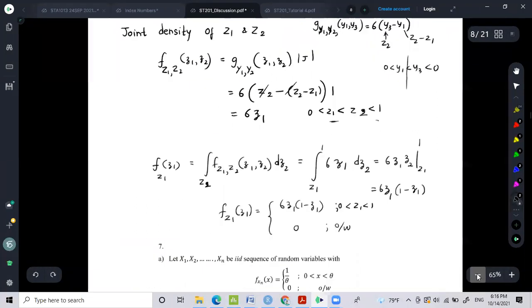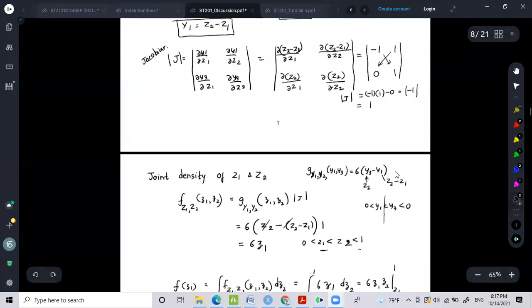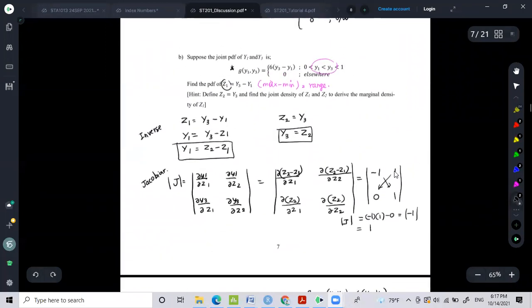Okay. Is it clear, all the steps? Okay, so we have the question, do we have to prove the joint density of order statistics? Now I went through your learning outcomes and it is not there. You will not be tested on deriving the joint PDFs of order statistics.